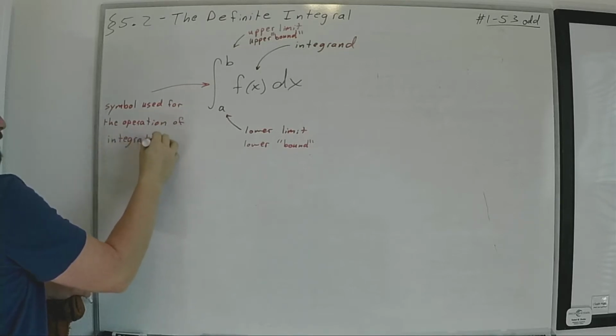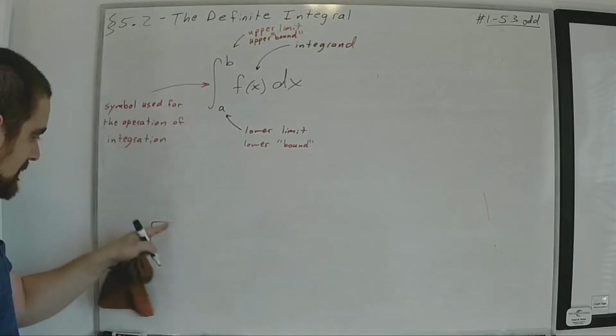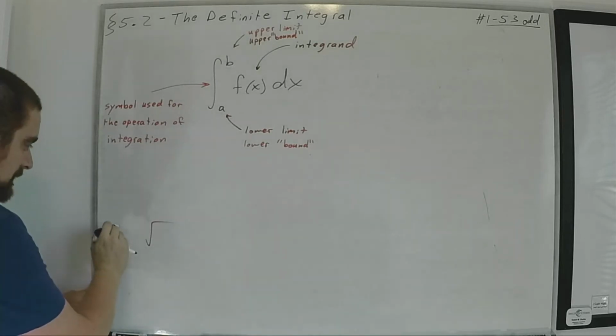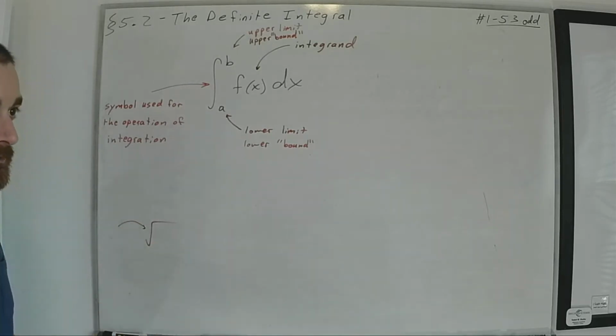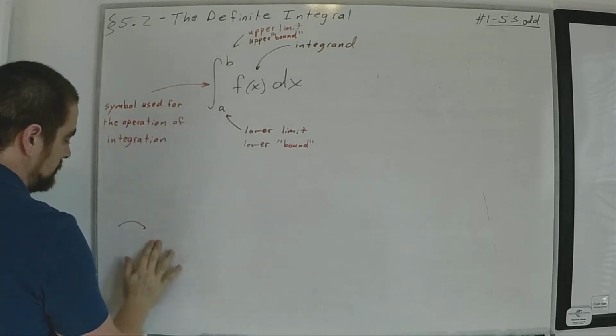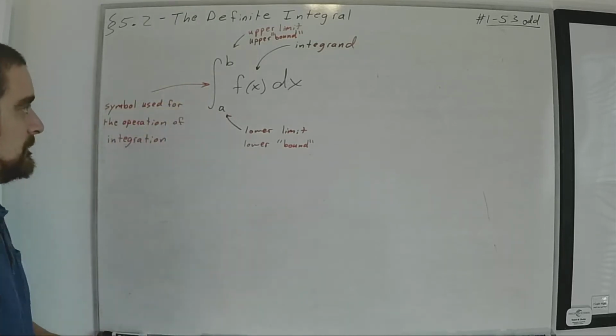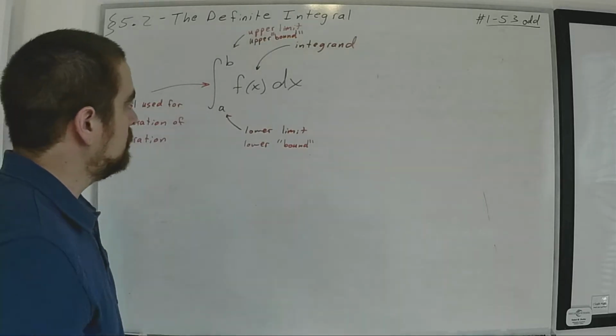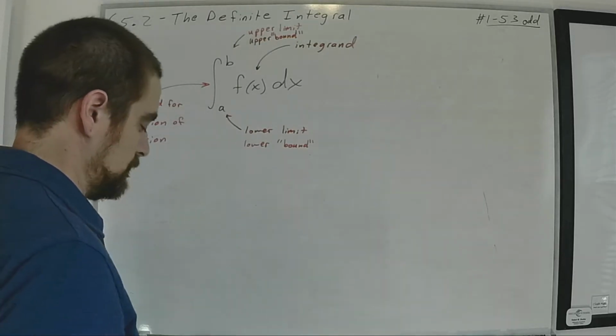Just like when you take the square root of something, there's this radical bar notation. This bar tells you, hey, you, take the square root. That's all this tells you is, hey, you, take the integral. So it's just signifying to you, the reader or the person solving the problem, what you really need to do.